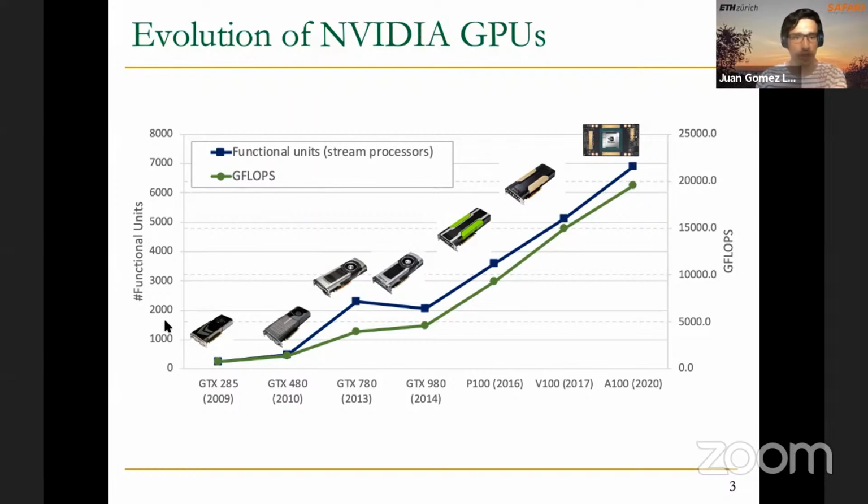And from this GTX 285, there was actually one generation of even older GPUs that had the same architecture as this one, but they were slightly smaller, wimpier, with fewer cores. And then last year in 2020, this A100 got released.